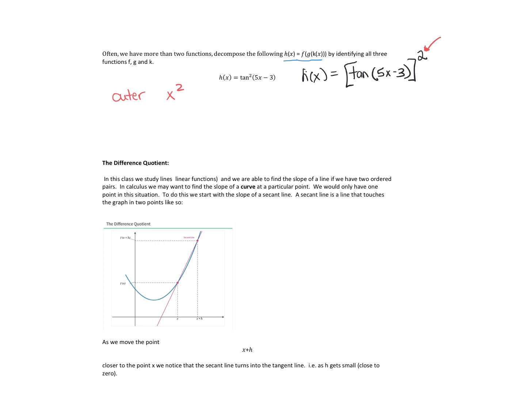The next one is going to be our tangent. And our last one, the inside function, is going to be our 5x minus 3. So, if I want to label these, if h of x is f of g of k of x, k is the innermost function.